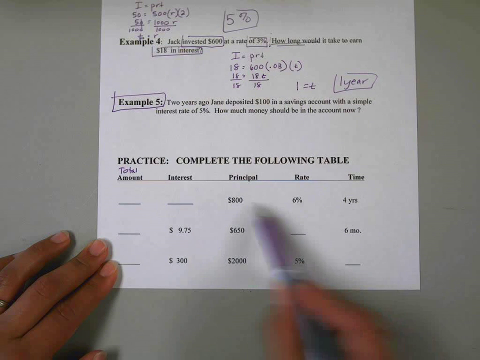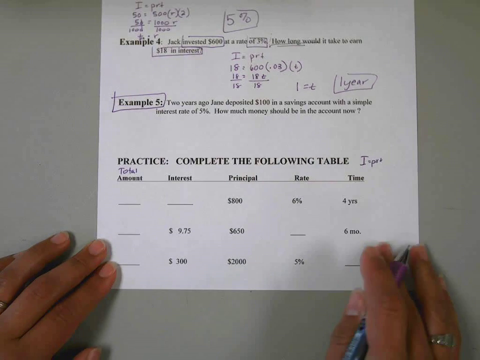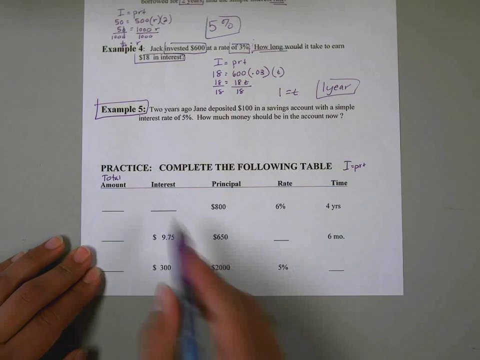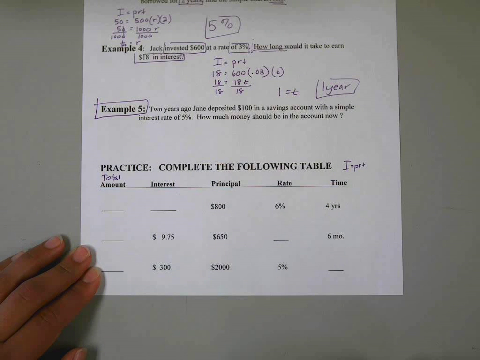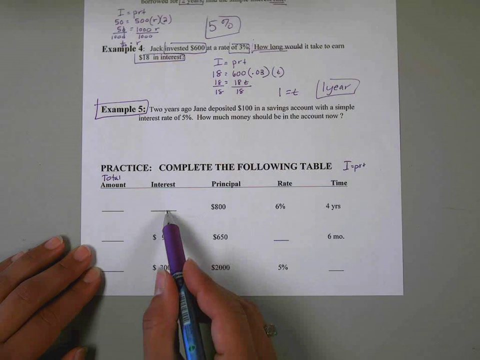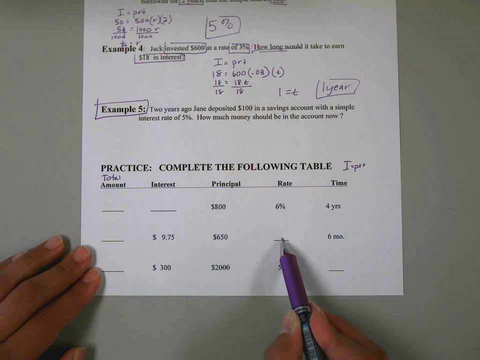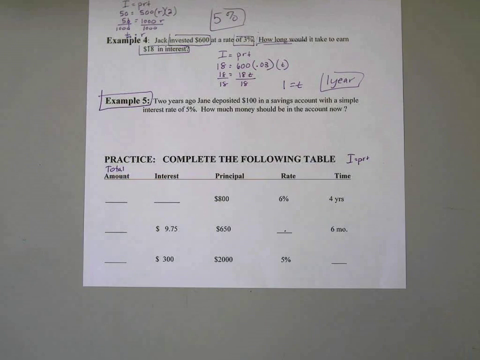So use what you know. I equals PRT. Use your formula and fill in what you know and solve for the blank. So you would do 800 times 0.06 times 4, get your interest, and add it. On this one, you're solving for the rate, and this one you're solving for the time. And we will check this table in class tomorrow.